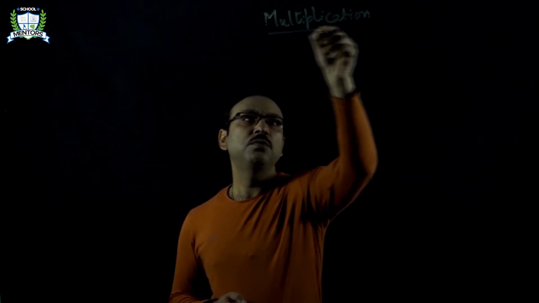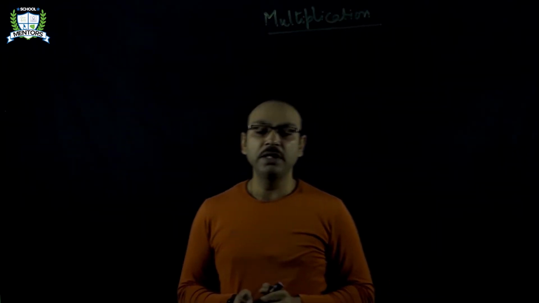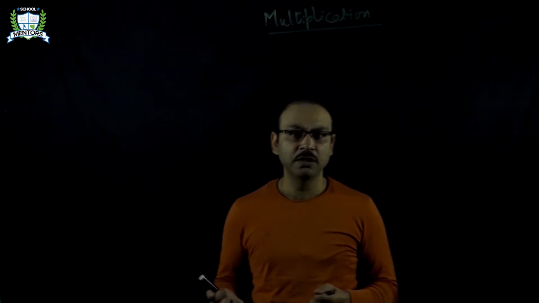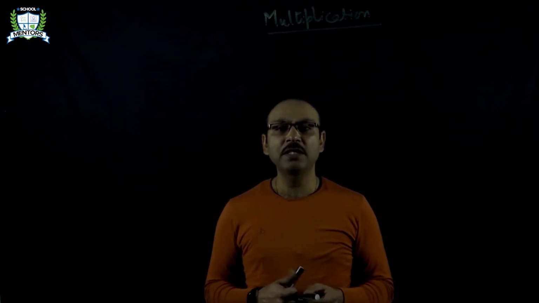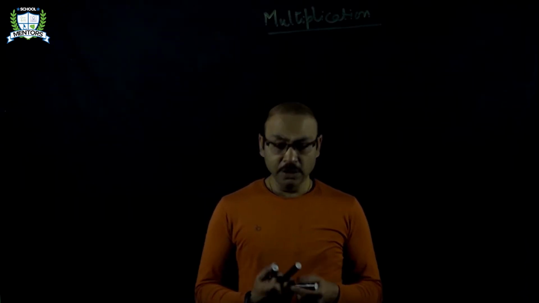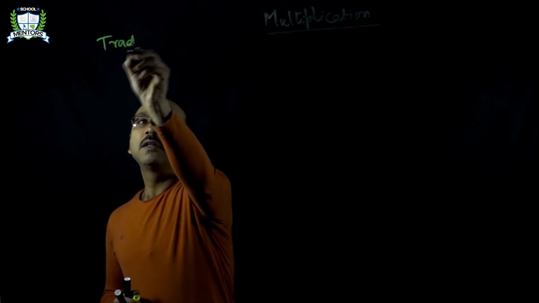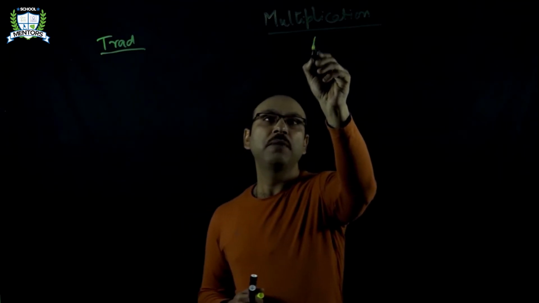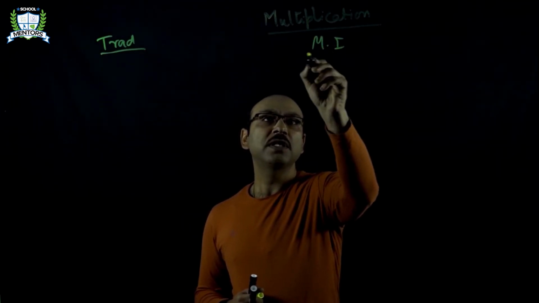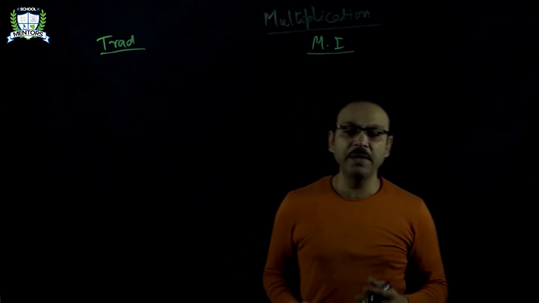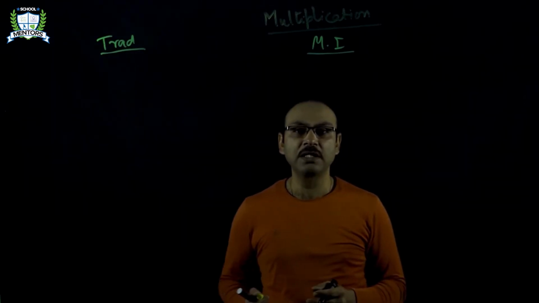Now we do multiplication traditionally in a method which was taught to us in class 2nd or 3rd, and till our competitive examinations we continue doing that, right? So today we're going to compare the traditional method. Then I'm going to show you method number 1, which is slightly easier and known as Vedic mathematics, which would make certain calculations a little faster.